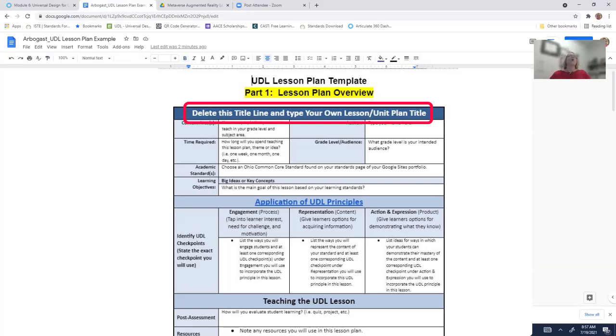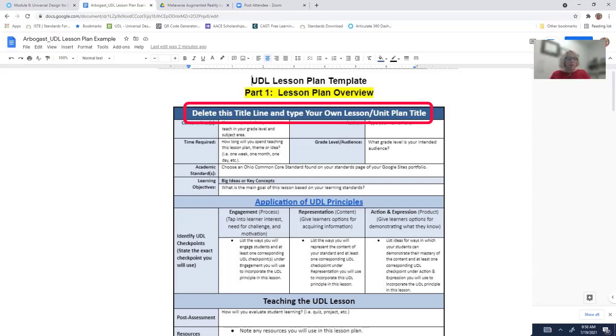So this is the overall arching theme of your lesson plan. We talked about way back when we talked about standards, we talked about themes and content strands and the overarching umbrella of the standards. Well, that's what we're looking at here. We're looking for a general topic.